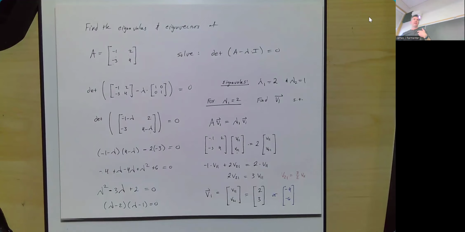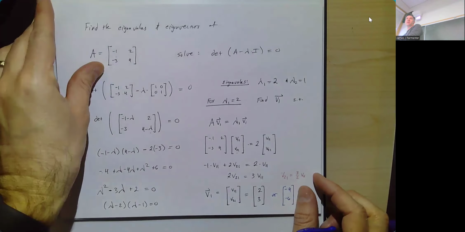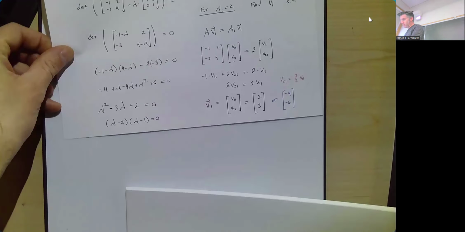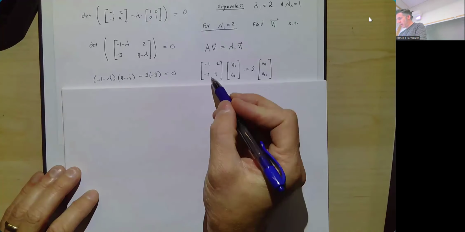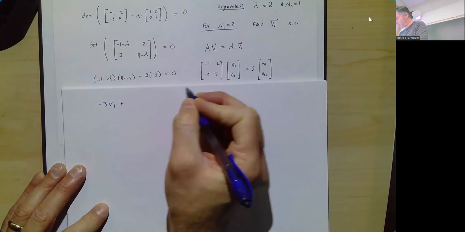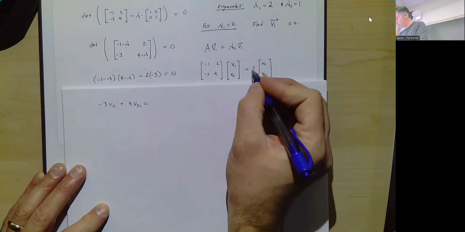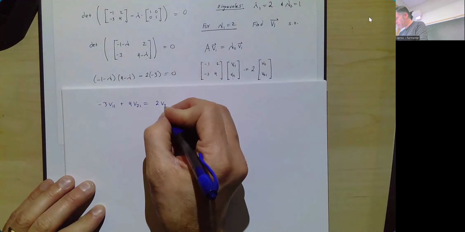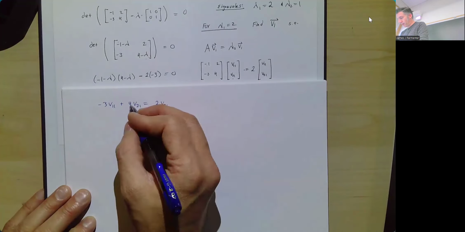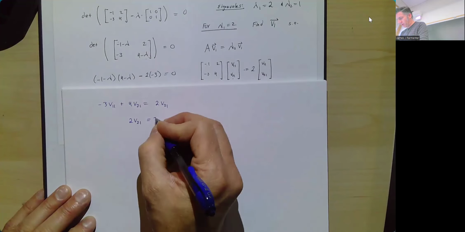Let's actually see that it's an eigenvector. Actually, before I do that, I want to point out that if you looked at the second equation, it would have told you the same information. The second equation here is -3 times V11 plus 4 times V21 equal to 2 times V21. If we do the same sort of solving here, I get 4 minus 2 is 2 times V21 equal to, adding the 3 over there, 3V11.